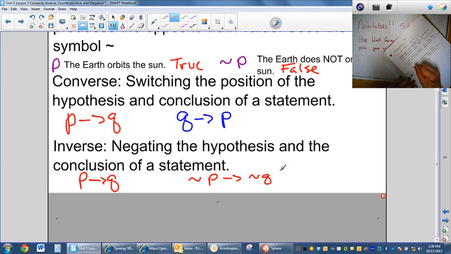And after we get these definitions, we're going to go through a whole thing. It's easier with something called biconditional.